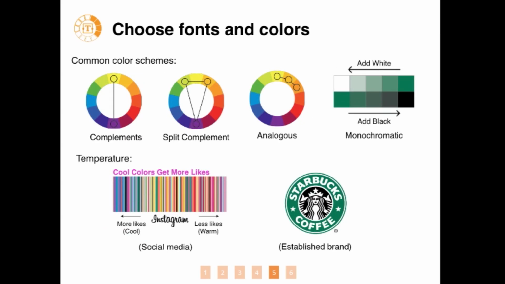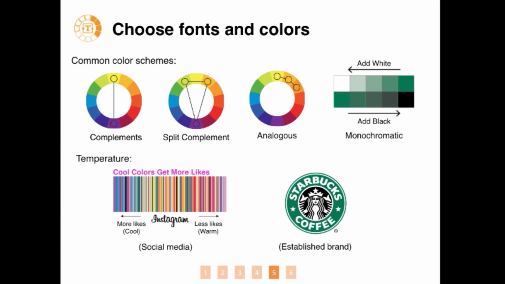The most common color schemes used are complements, which are directly opposite of each other on the color wheel, split complements, which are to the immediate right and left of each color's complement, analogous colors, which are directly side by side on the color wheel, and monochromatic, which is choosing one color and then making it either darker or lighter by adding black or white.